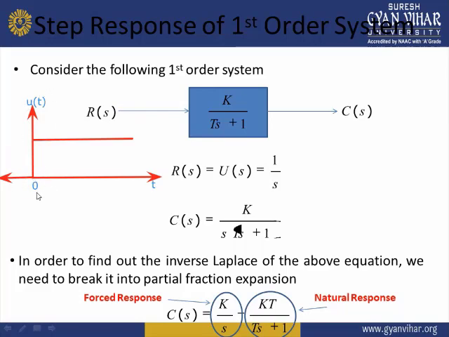That means for t less than 0 the input is 0, and for t greater than or equal to 0 the u(t) is constant, like a step, as you can see. That's why it is called a step response. So if we have such values, then R(s) equal to U(s) equal to 1 by s.